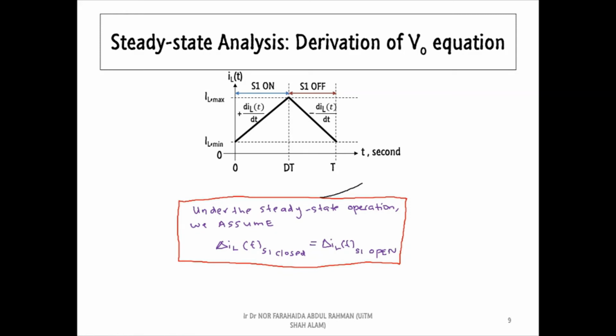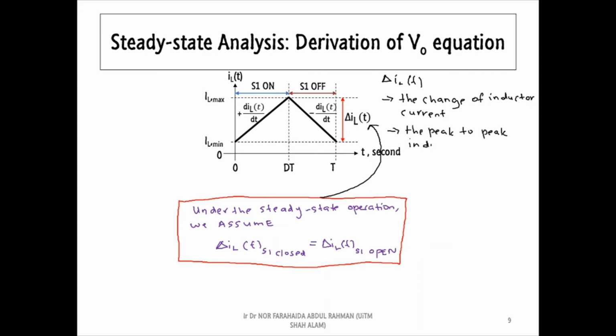From the graph, the change of inductor current is also known as the peak-to-peak inductor current or the ripple of inductor current, and it can be calculated using this equation.